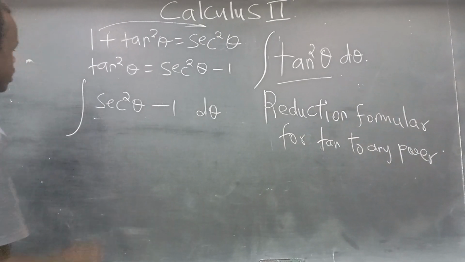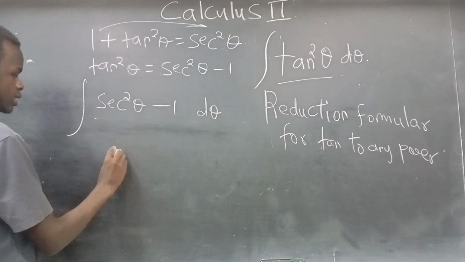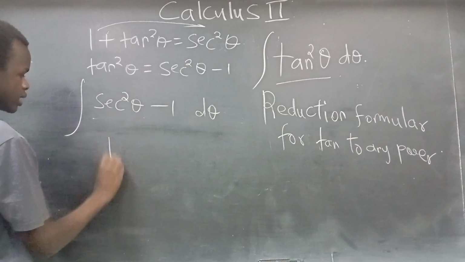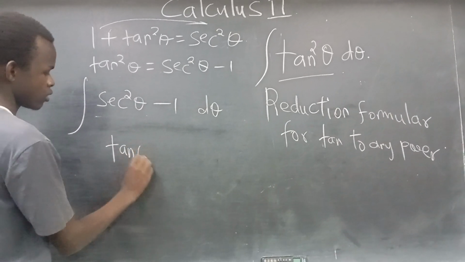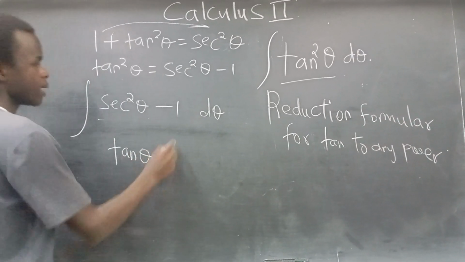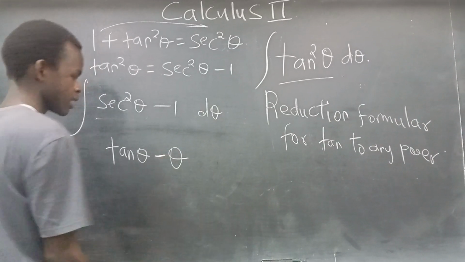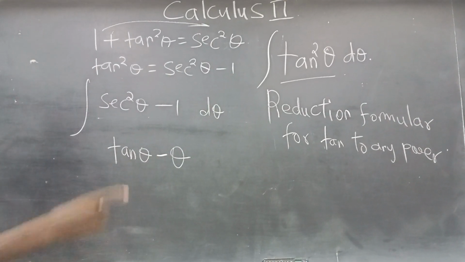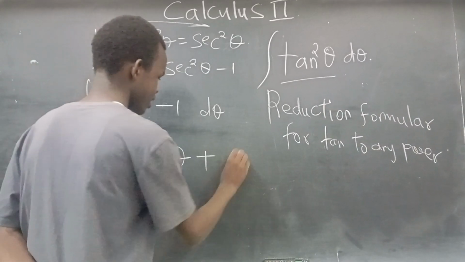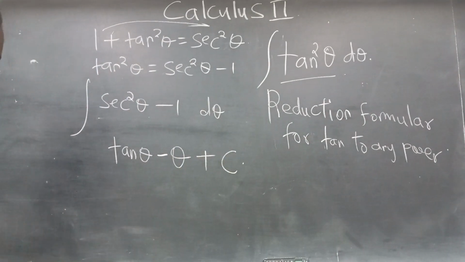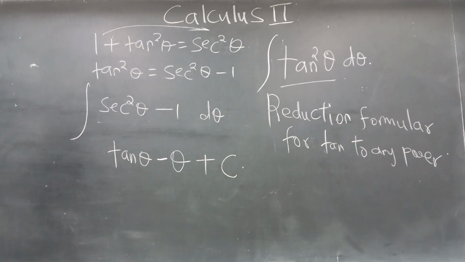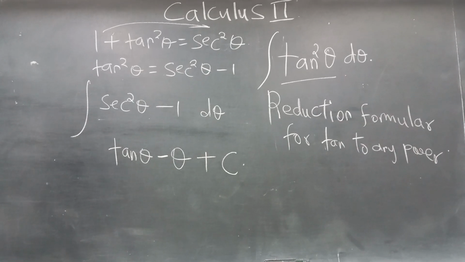As you can see, the integral of secant squared of theta minus 1 is just tan of theta minus, I'm integrating 1 with respect to theta, so just theta, plus a constant c, okay? But that won't be my answer. That's still not my answer.